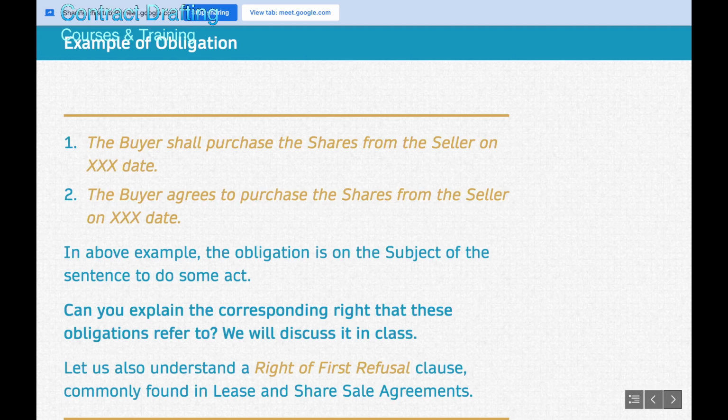One puts a clear obligation. The second one, although it puts an obligation, is not very specific. It is just an agreement to purchase. So there may be a case of a memorandum of understanding where you will have the second statement. But if you have a share sale agreement, you will include the first statement.